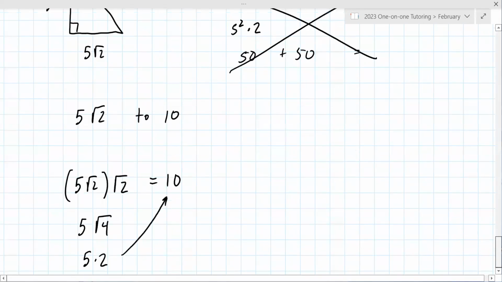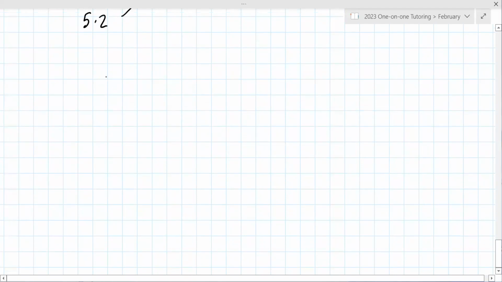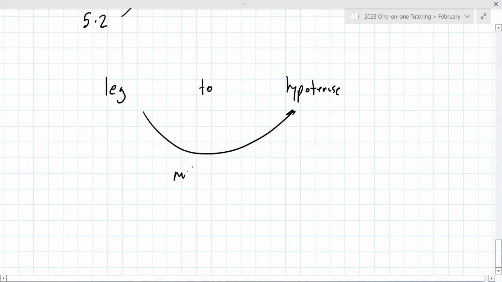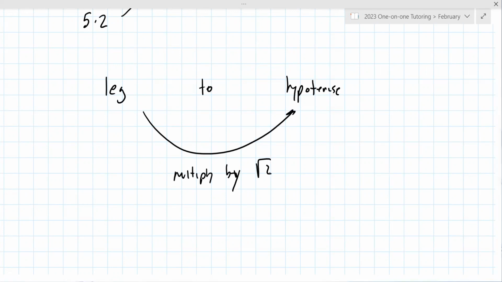Okay, so here's your simple answer. Leg to hypotenuse, you're going to multiply by the square root of 2. By the square root of 2. Get this down in your notes, please.